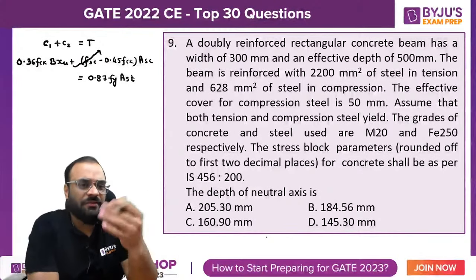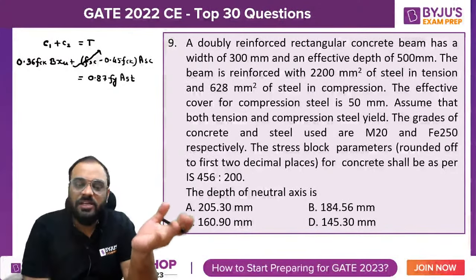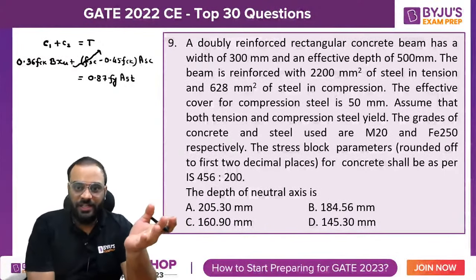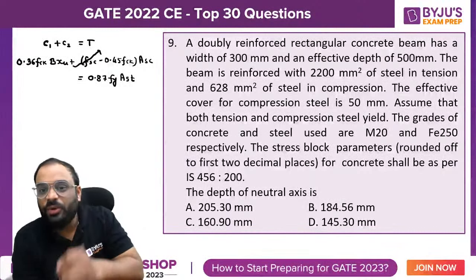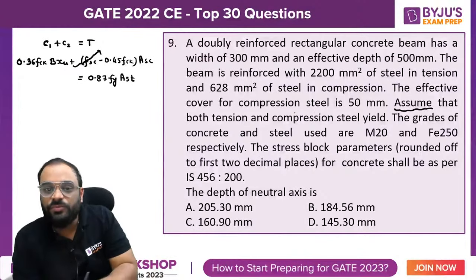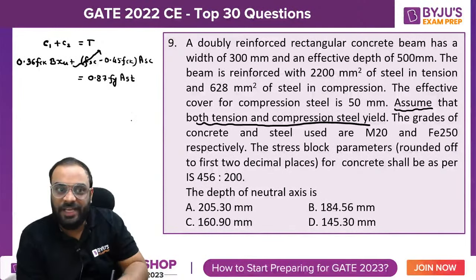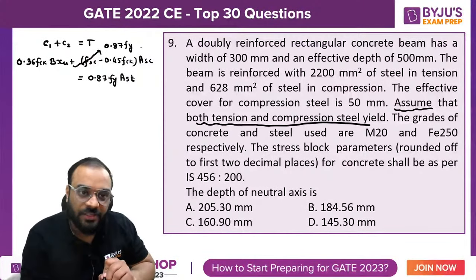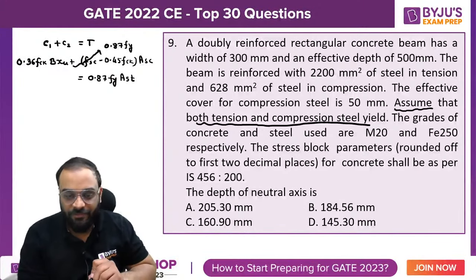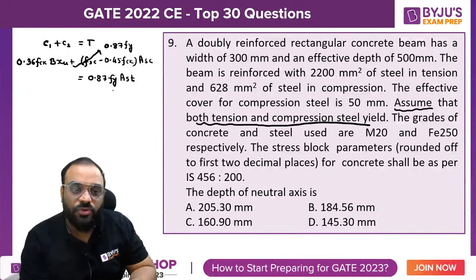In this case, they have not given any table, any value which we can use directly. But they have mentioned a statement over here. You need to assume the tension and the compression steel yield at the same time. That means this value will also become 0.87 Fy. Clear? 0.87 Fy.